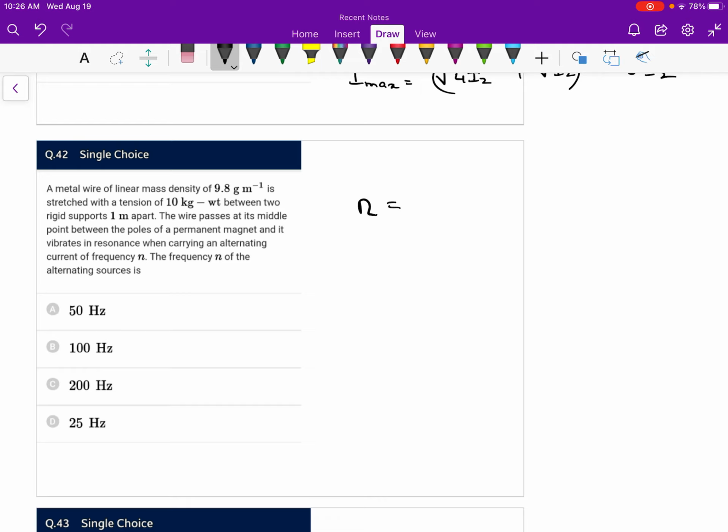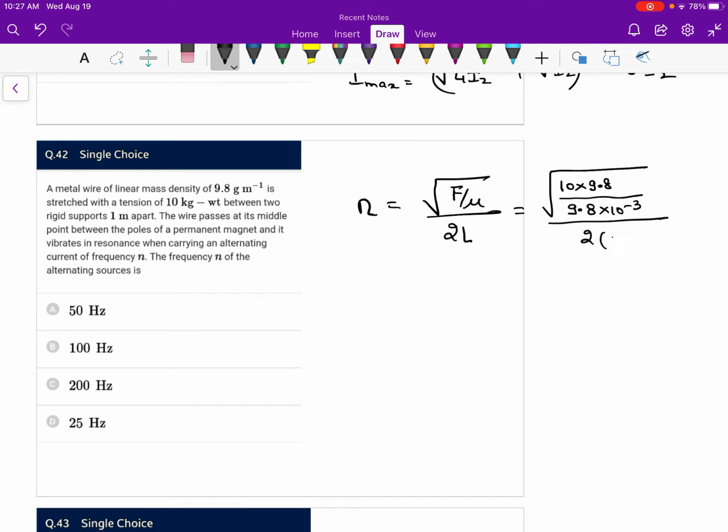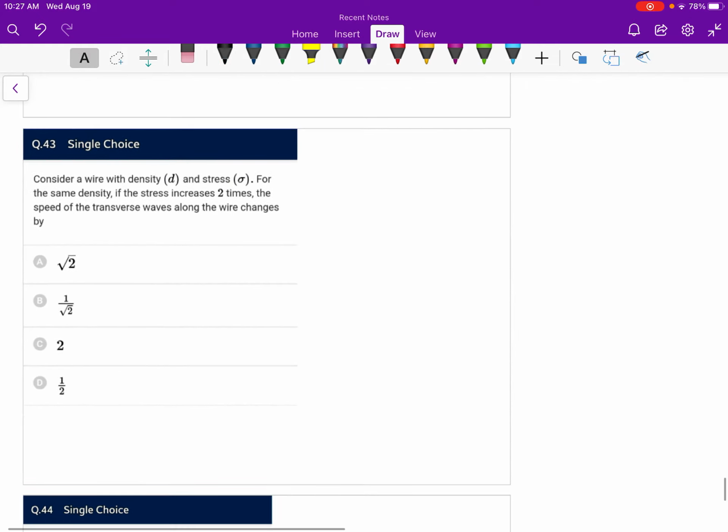So this n should be equal to root(F by mu) upon 2L. Now F is 10 kilogram weight, so 10 into 9.8, and mu is 9.8 into 10 to the power minus 3 kilogram per meter, upon 2 into length 1. So this is 50 hertz.